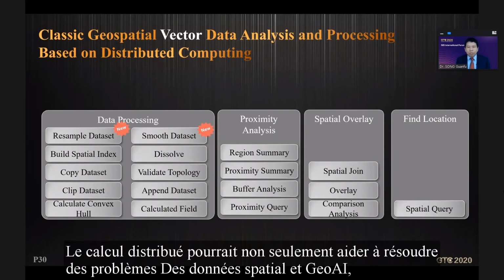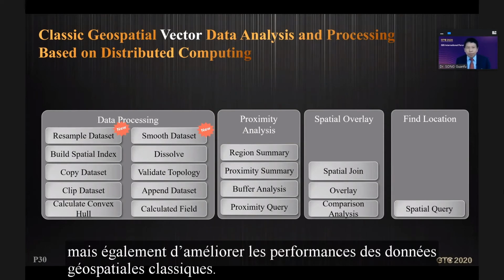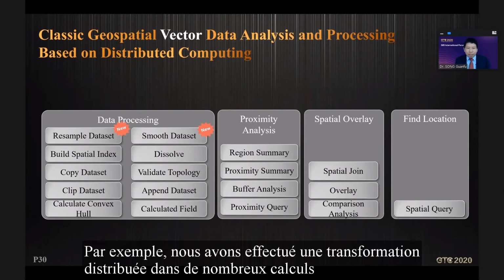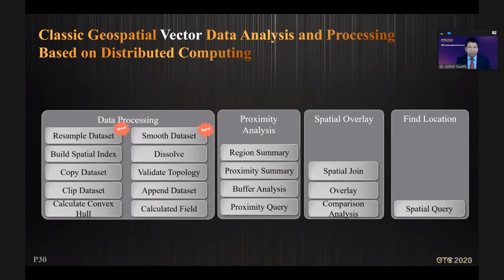Distributed computing can not only help solve problems from geospatial big data and GeoAI, but also improve the performance of classic geospatial data analysis. These are analysis algorithms for vector data based on distributed computing.